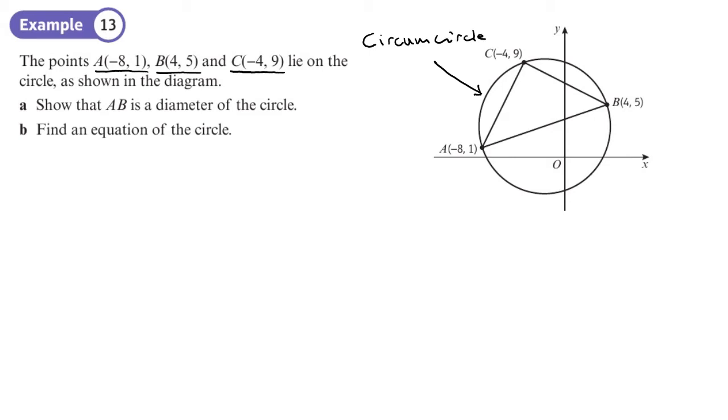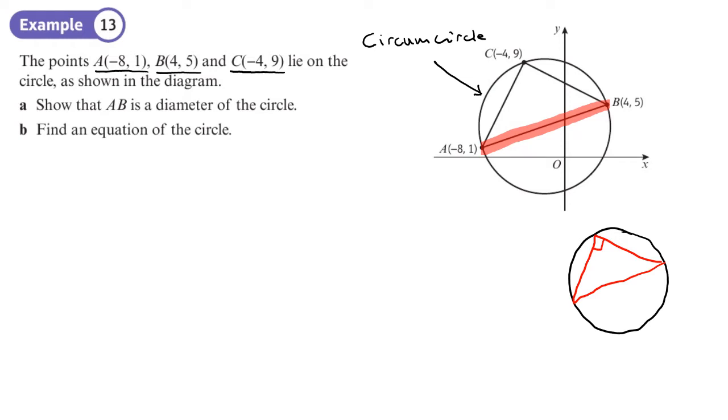And in part A, we need to show that AB is the diameter. In other words, we need to show that this line here is the diameter of the circle. Now, we're going to use the circle theorem, which says if you've got a triangle on a diameter like this, then it's a right angle triangle.